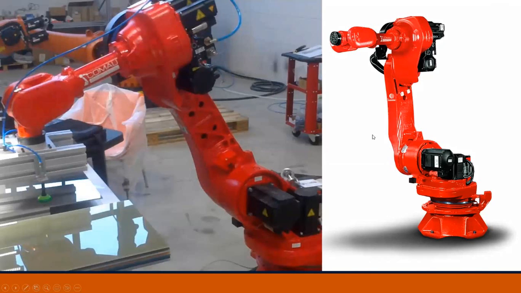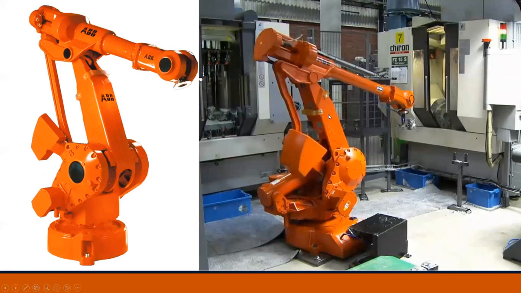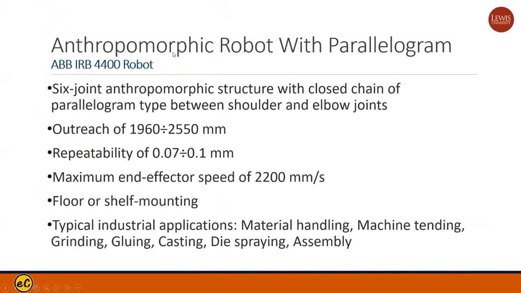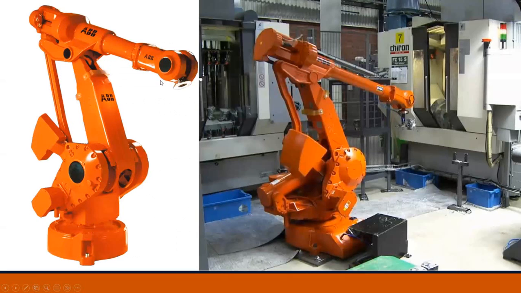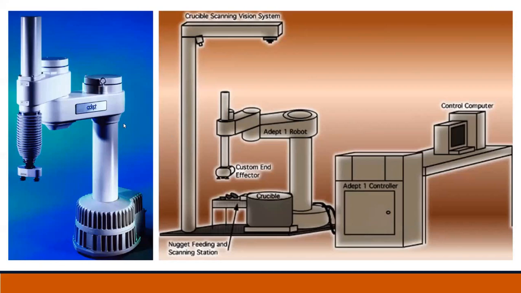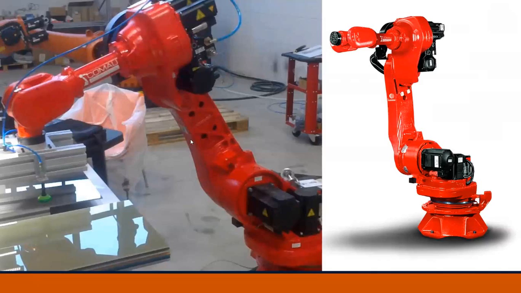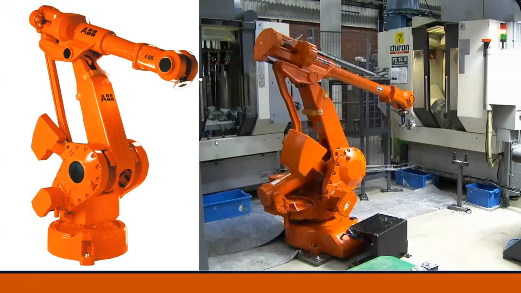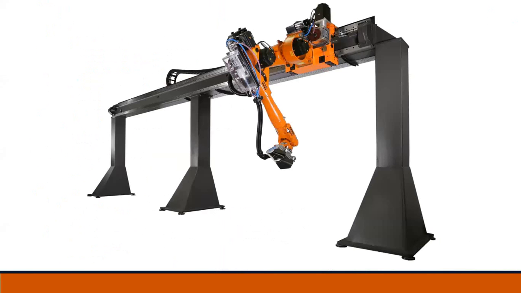And this one, a robot arm, is an anthropomorphic robot, a six-joint anthropomorphic robot. Anthropomorphic means more like a human. A six-joint robot would be more expensive compared to the SCARA one, which I think is cheaper. So when you purchase a robot, it depends on the functionality you want to achieve and also how much budget you have.